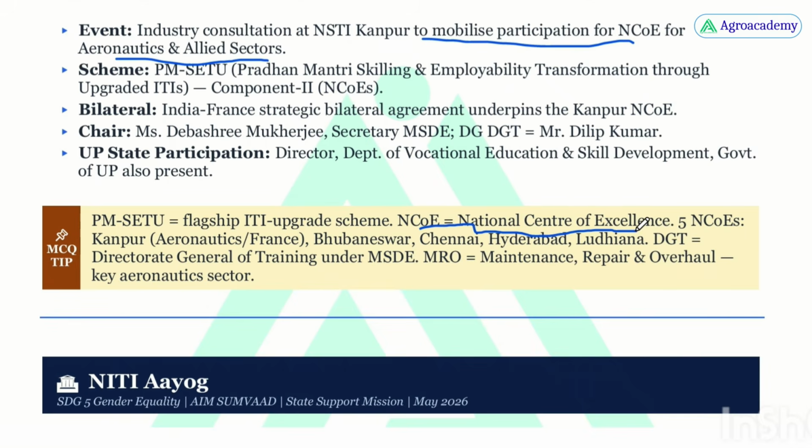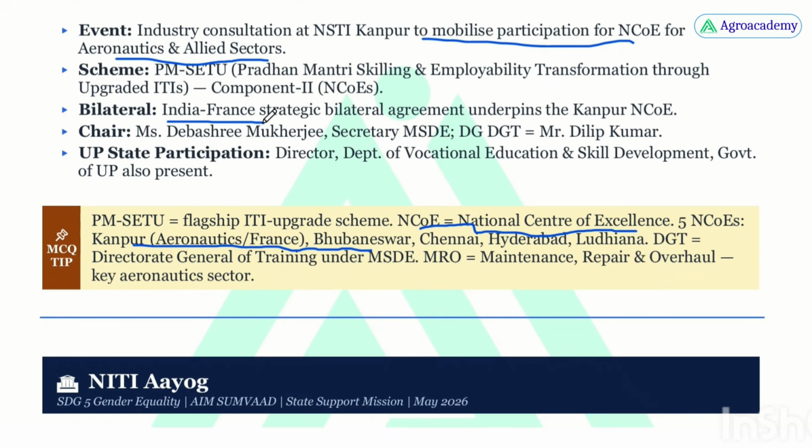There are 5 NCOE. They are located in Kanpur, Bhubaneswar, Chennai, Hyderabad, Ludhiana. Okay, you need to remember these 5 National Centers of Excellence. And this summit was bilateral.